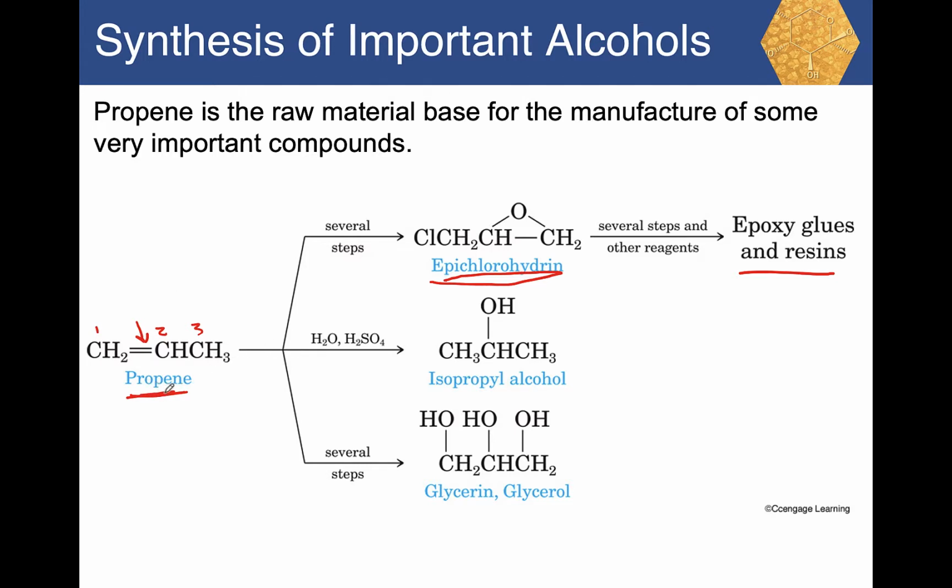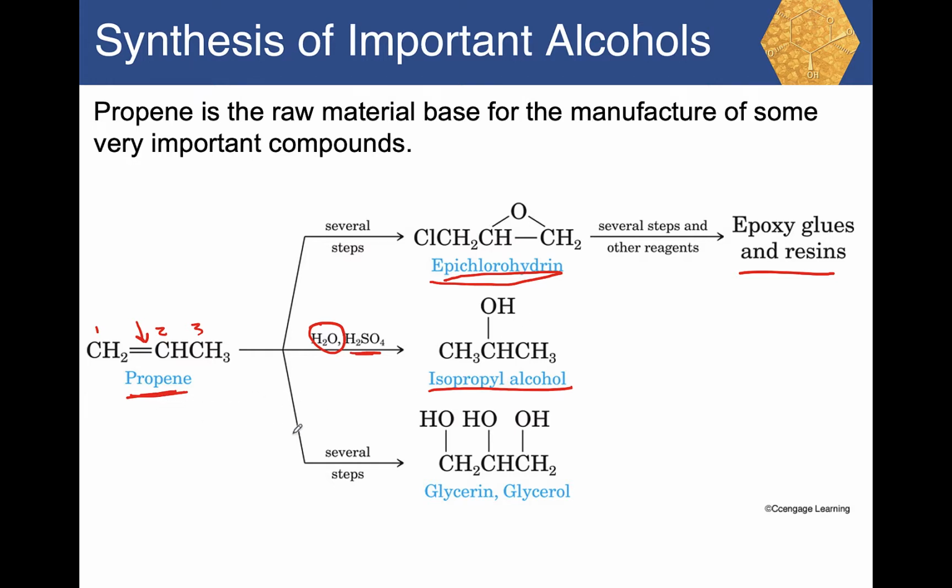Similarly, propene can react with water, hydration, addition of water in the presence of a catalyst to give isopropyl alcohol. You may recognize this as rubbing alcohol. So that's one way of making isopropyl alcohol or rubbing alcohol, and as we know, that's very useful in everyday life as a solvent and as a disinfectant also.